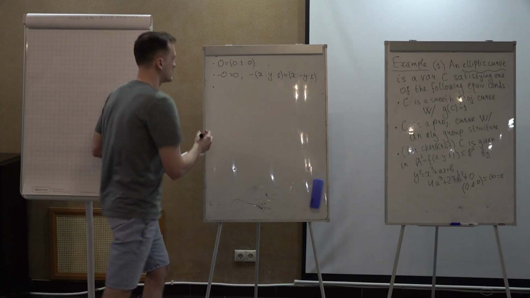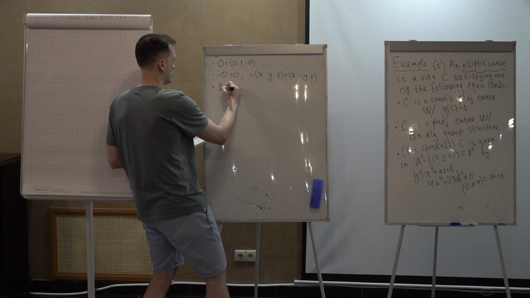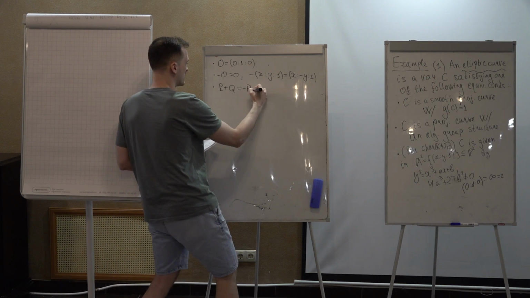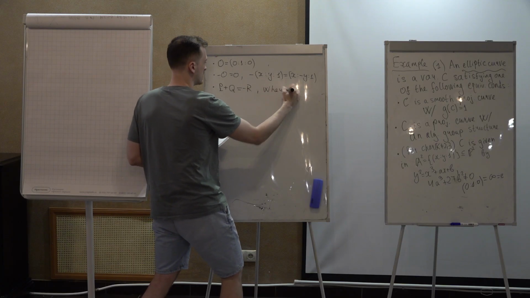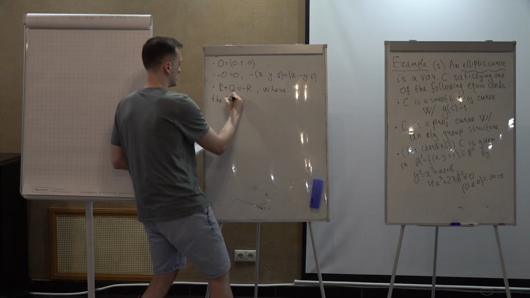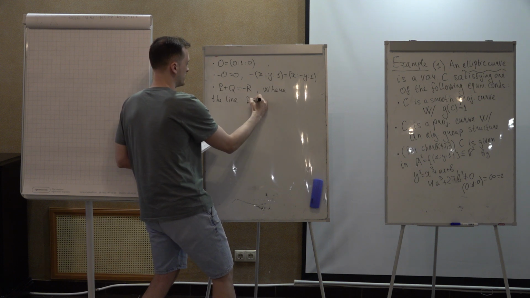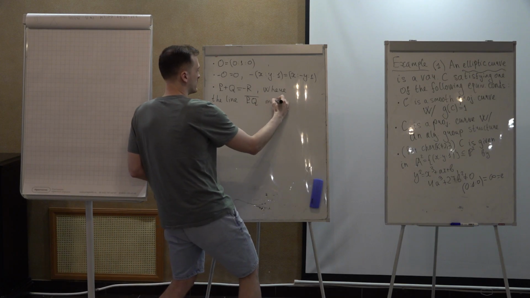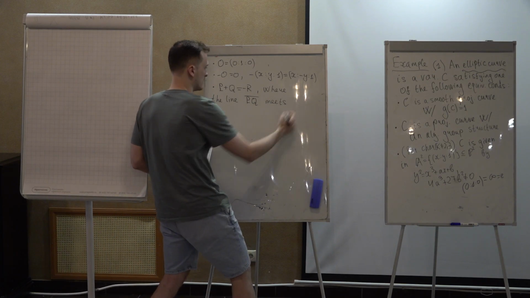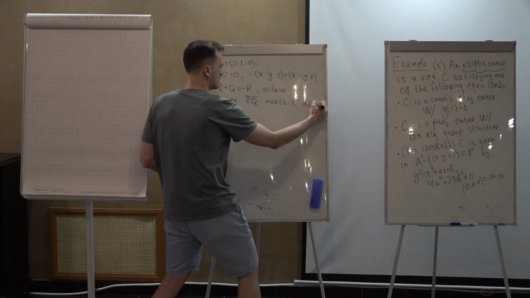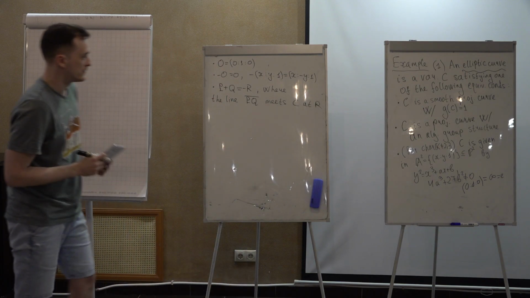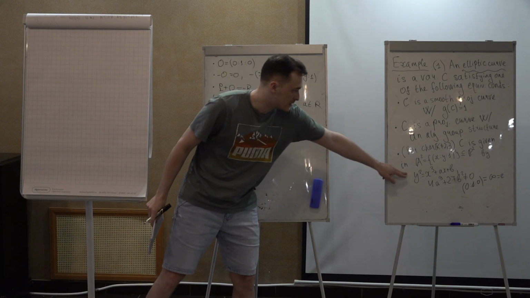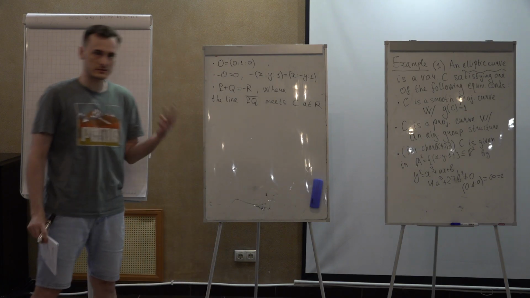And the addition is as follows. A point P plus a point Q is equal to the point minus R, where the line through P and Q, the projective line in P2, meets C at R. So by Bézout's theorem, we know that every line in P2 meets a cubic at 3 points counting multiplicity.